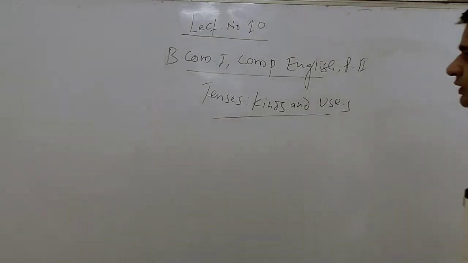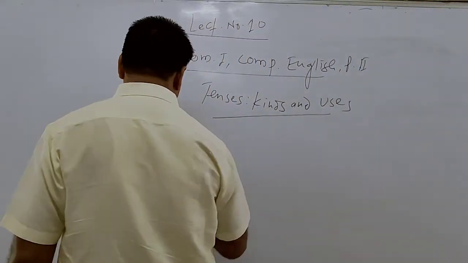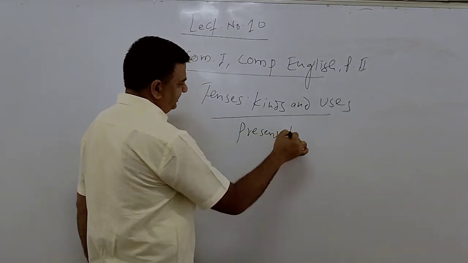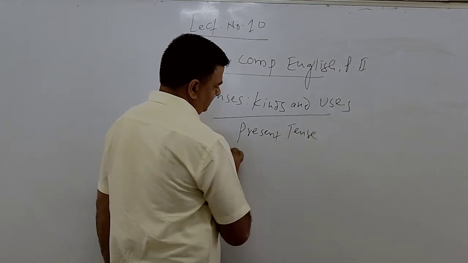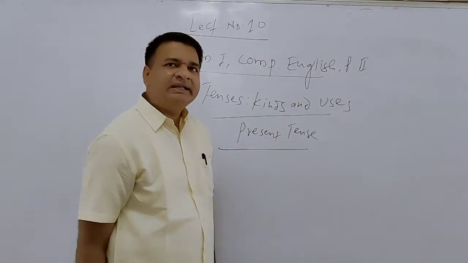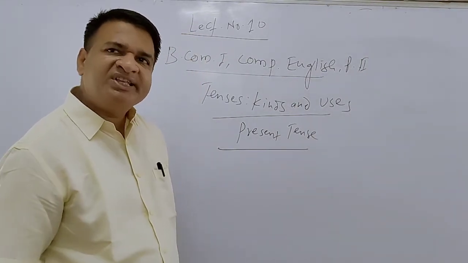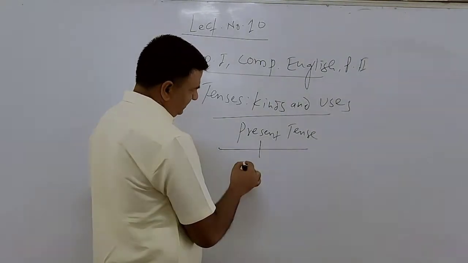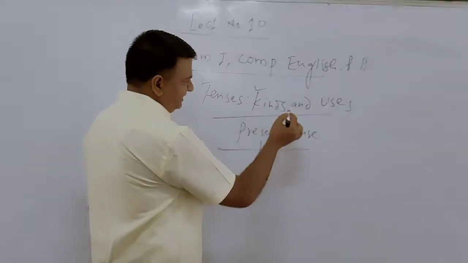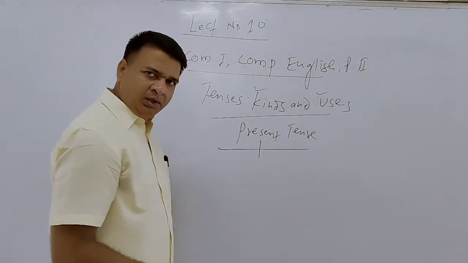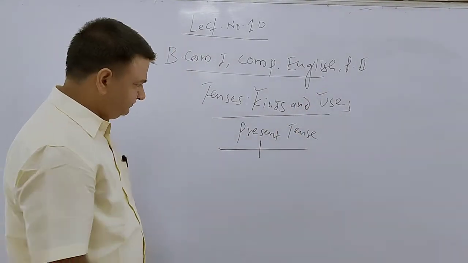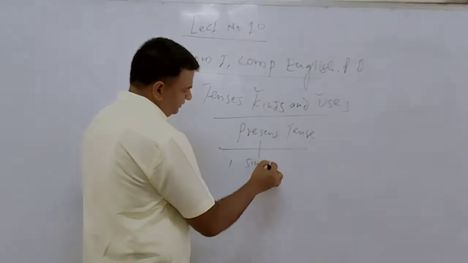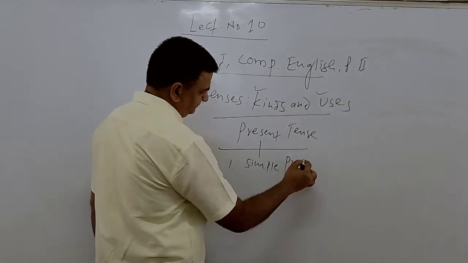So first of all, we study the present tense. Present tense has 4 respective types. For example, its kinds, means tense kinds and its uses, we have to see in detail. Then simple present, we have first simple present.